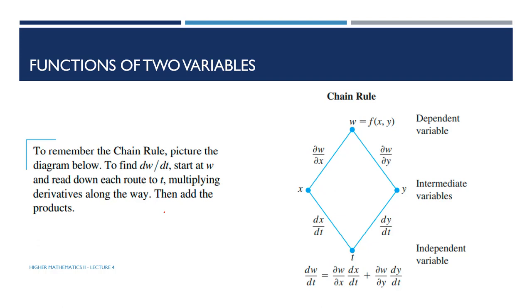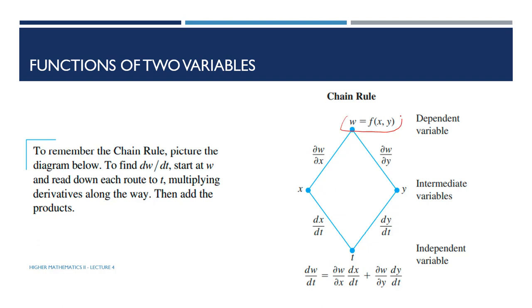For the functions of two variables, two intermediate variables, we may remember the chain rule picture diagram below. To find dw/dt, we start from w and write down each route to t, multiplying derivatives along the way, then add the products.